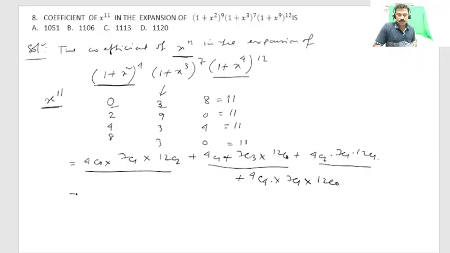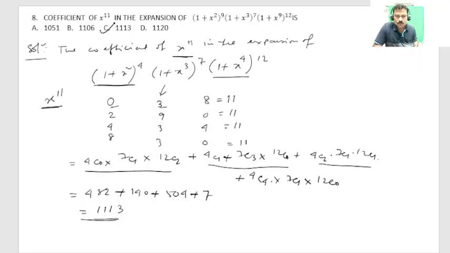After calculating this will be 482,140 plus 504 plus 7. So 1113. Here the correct answer. So 1113, the option C is the correct answer.